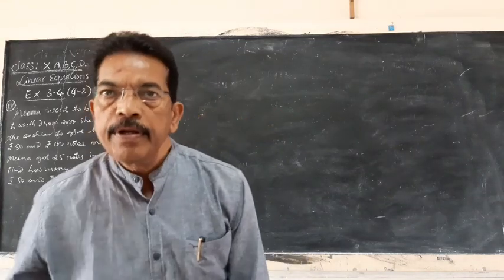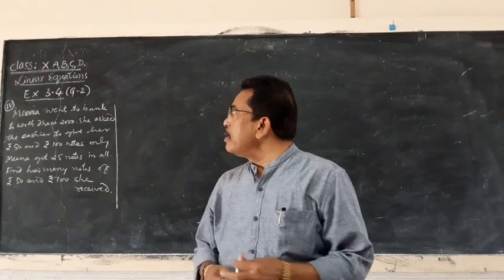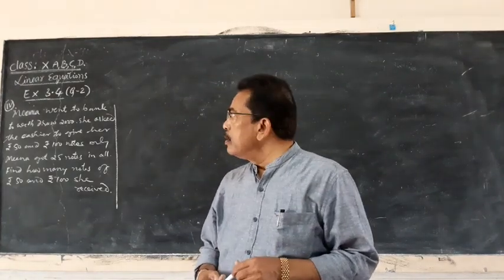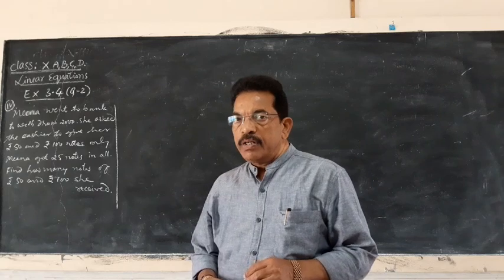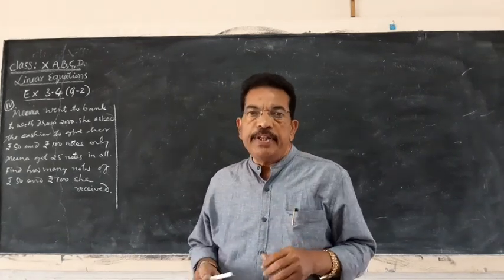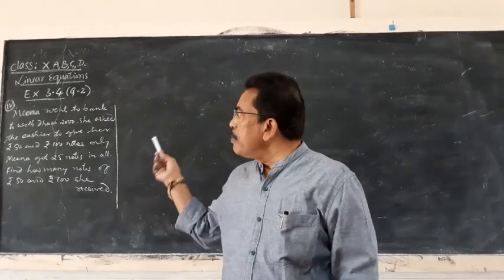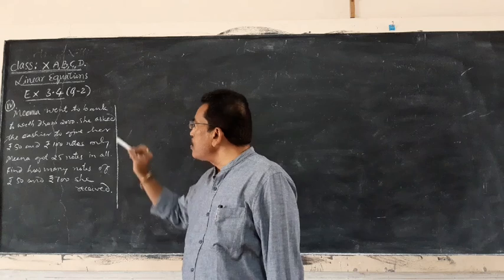Today we shall continue with exercise 3.4, the fourth problem. Yesterday we solved three problems related to the pair of linear equations. Meena went to the bank to withdraw 2000 rupees.